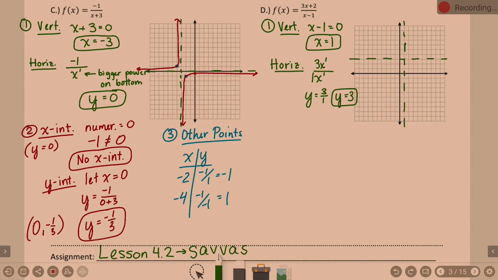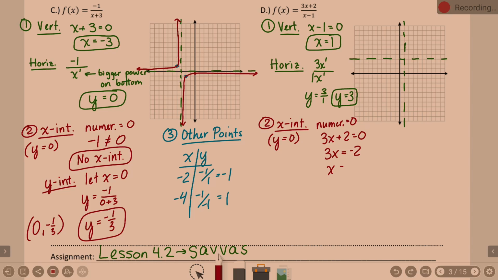Intercepts. Intercepts should hopefully pinpoint which directions this graph is going. X-intercept. Well, x-intercepts happen when y is 0. A fraction is equal to 0 when the numerator is equal to 0. 3x plus 2 equals 0. Subtract 2. 3x equals negative 2.